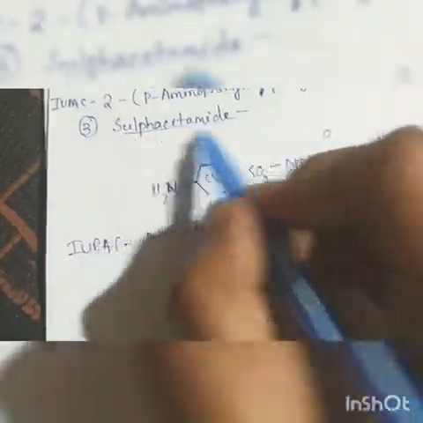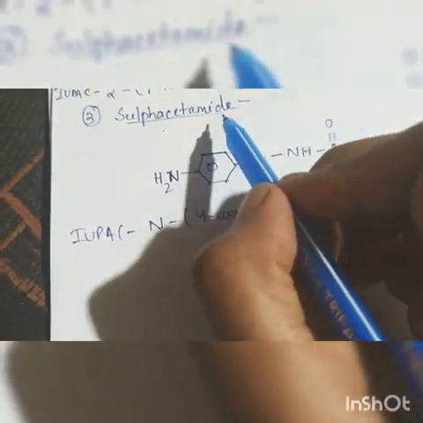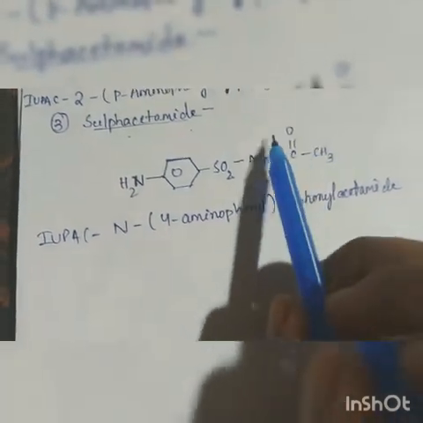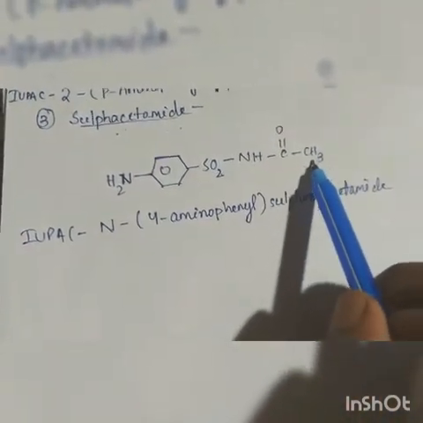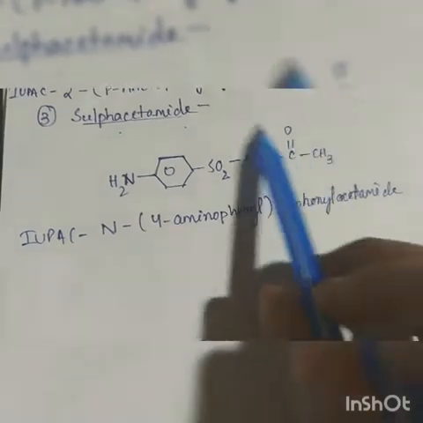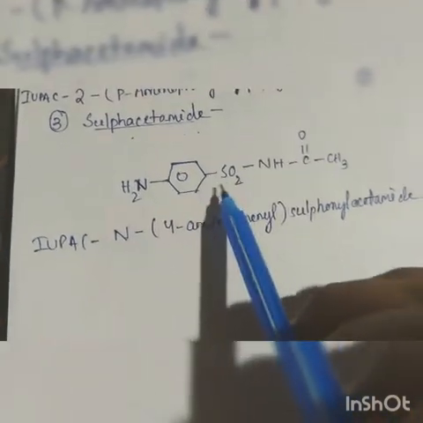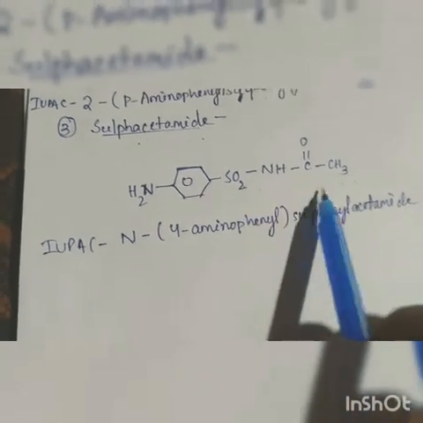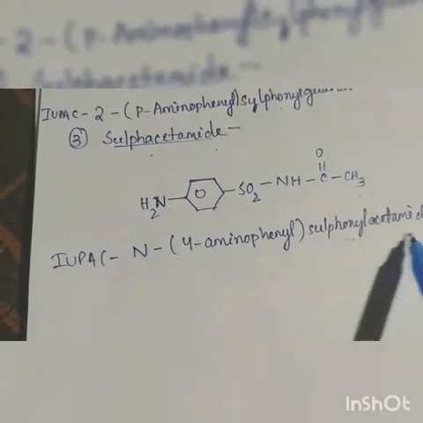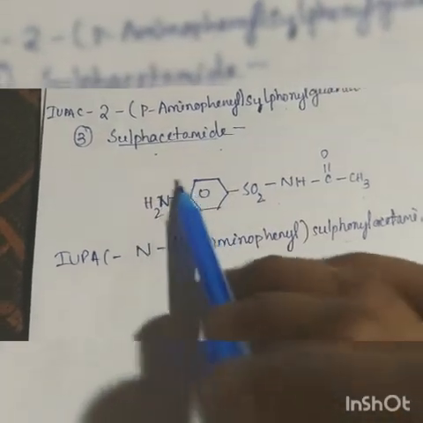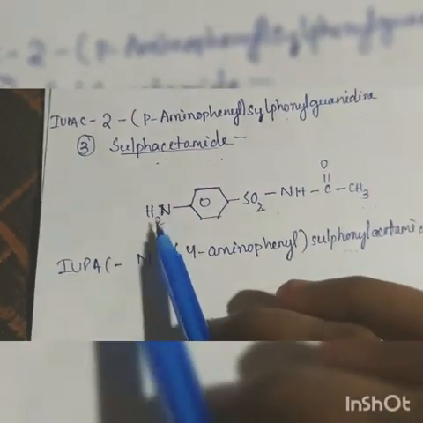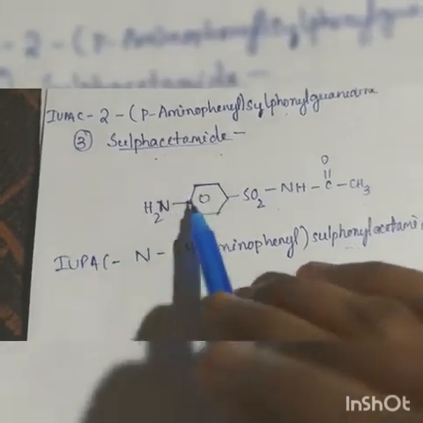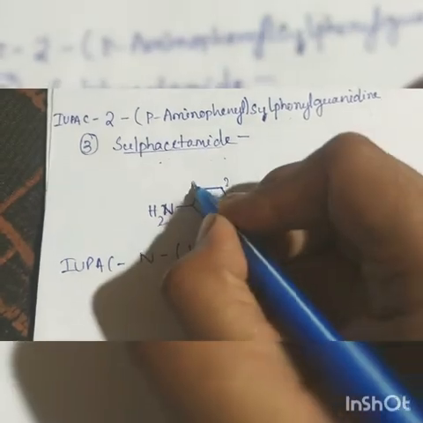Okay. Next drug is sulfacetamide. So let's see the structure. This is your COCH3. It is called aceto, with NH it is called acetamide. With SO2 we can call the total sulfonyl acetamide. So here, sulfonyl acetamide with the attachment, para NH2 benzene, with the 4th position NH2, 1 2 3 4.